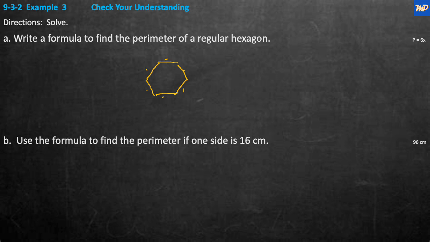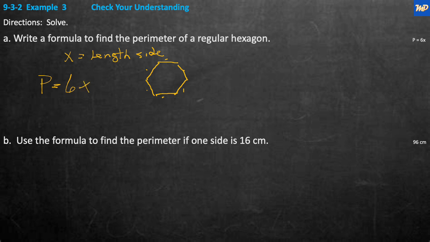Hexagon. Just like before, it's 6 times whatever the length of the side is, right? So we'll say that x is equal to the length of the side. So P, the perimeter, is equal to 6 times x.